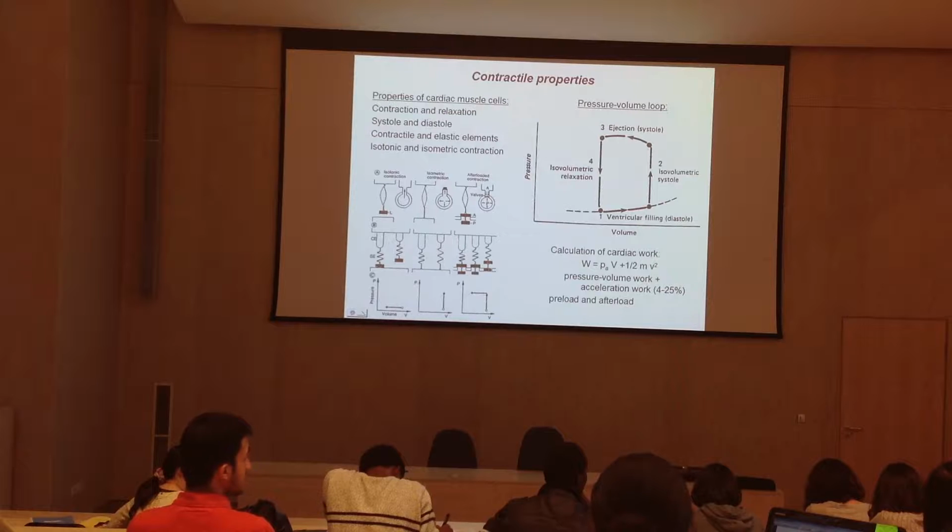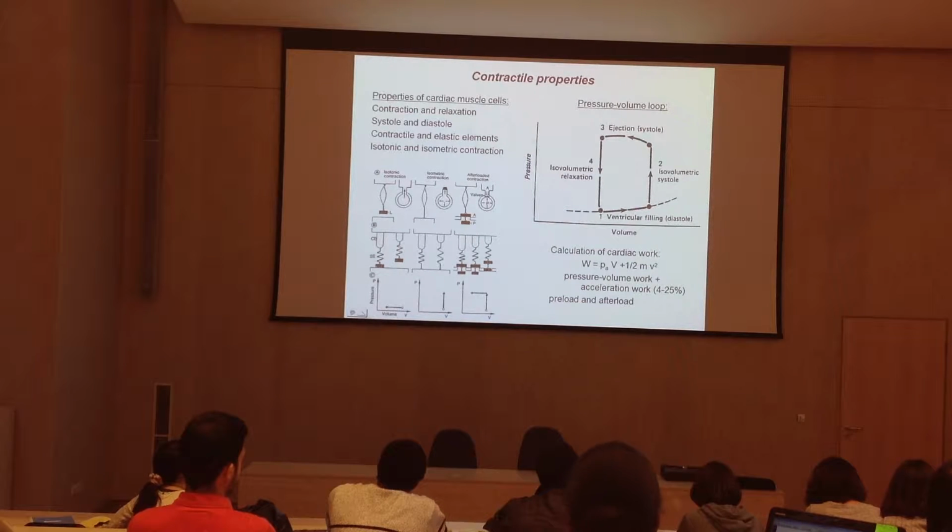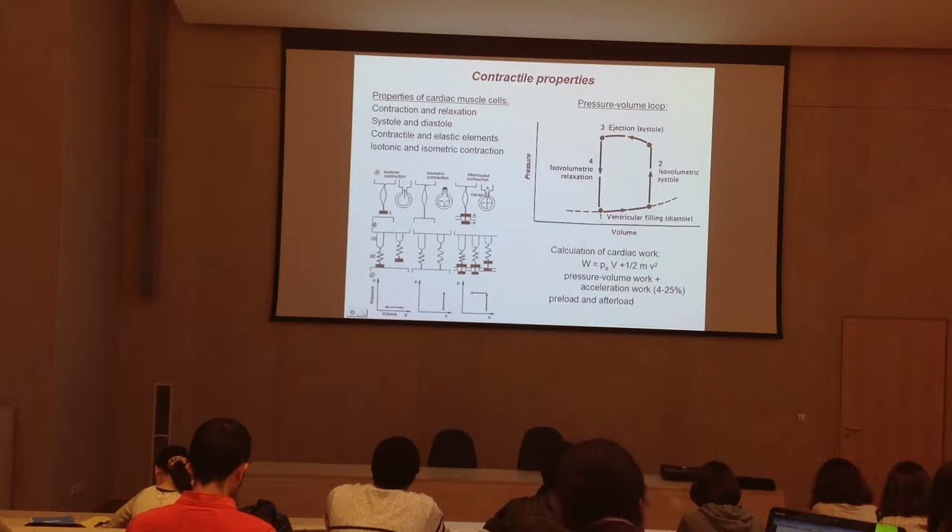This is a cardiac cycle. Now, let's go through what we have. First, at this point, there is a diastole. The whole ventricle is relaxed, and the blood can flow in from the large veins and from the atrium. This is the ventricular filling, which happens during the diastole.